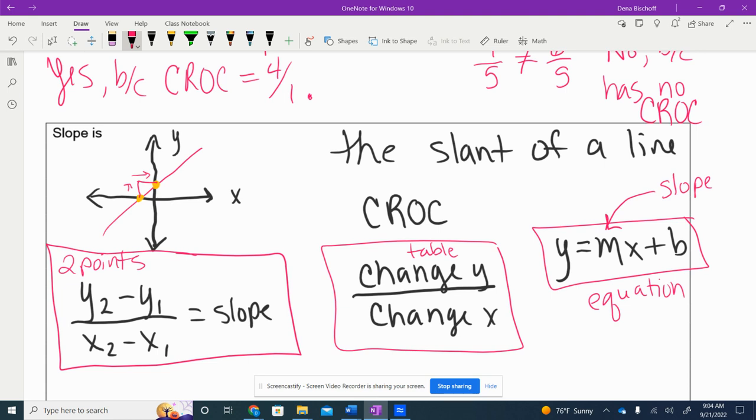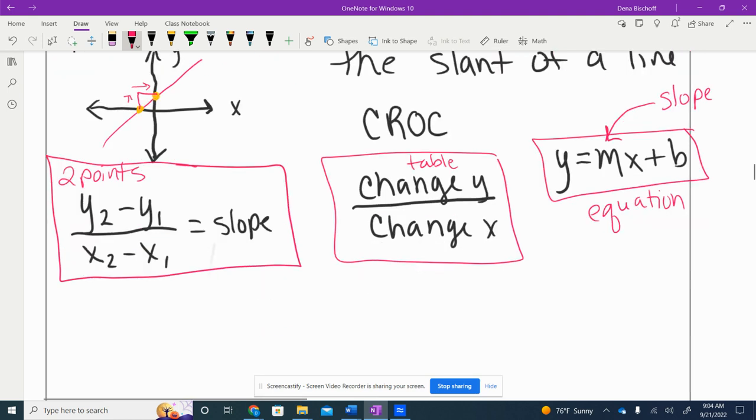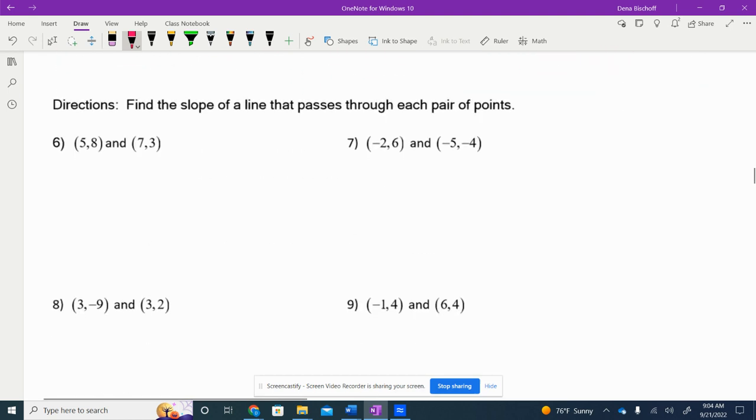Okay. So we are going to calculate slope given 2 points. That's what we're going to do next. So we're going to use that y2 minus y1 over x2 minus x1. I want to tell you where those x1s, y1s come from. x and y is just an ordered pair, correct? So the x1, y1 is the first ordered pair, and the x2, y2 is the second ordered pair.